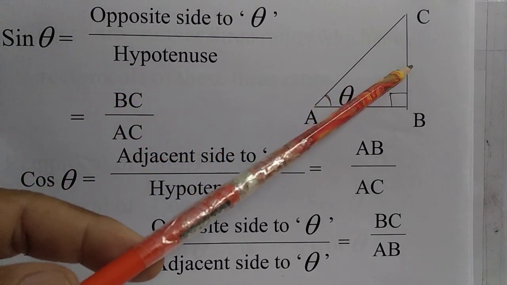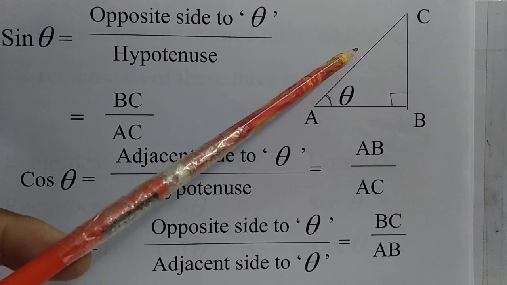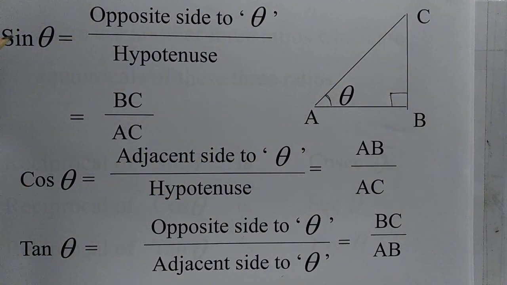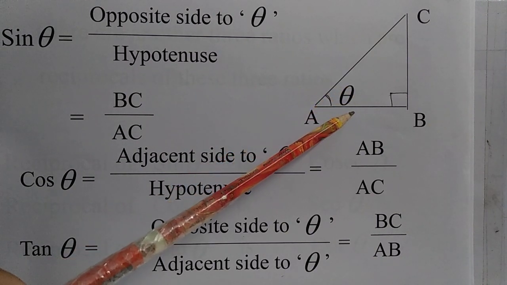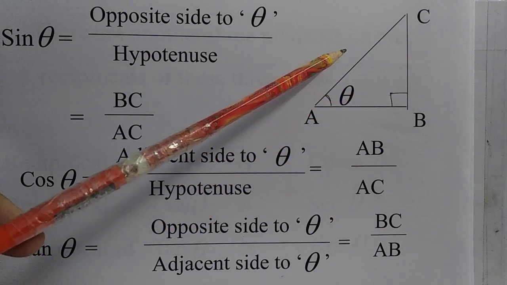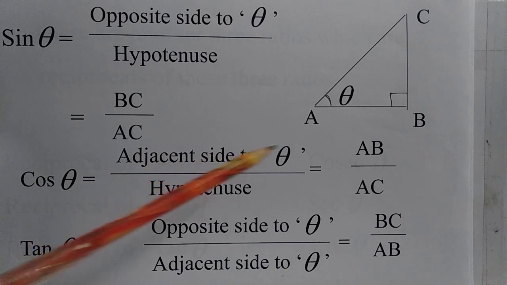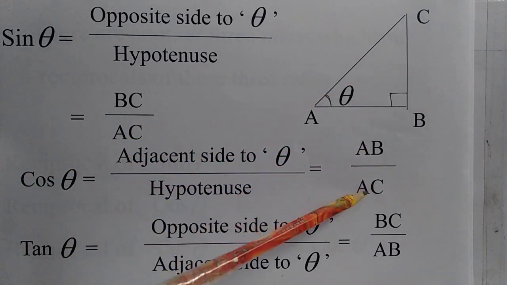Opposite side to theta is BC and hypotenuse is AC. So sin theta equal to BC by AC. And cos theta is defined as the ratio between adjacent side to theta and hypotenuse. Here adjacent side to theta is AB and hypotenuse is AC. So cos theta equal to AB by AC.